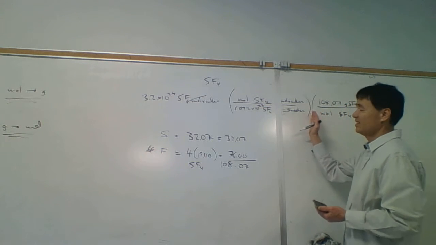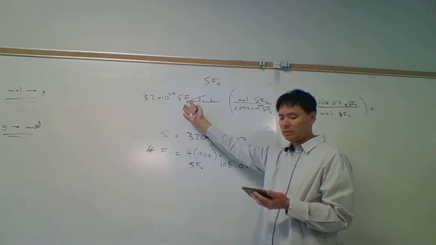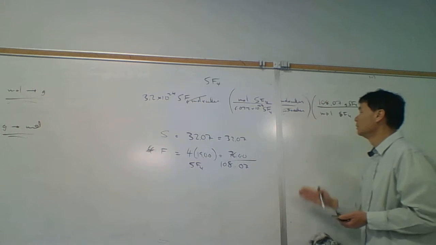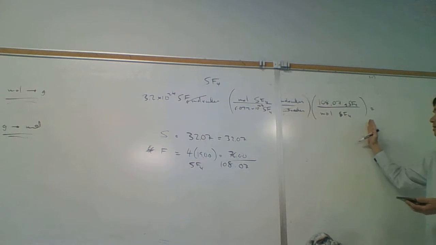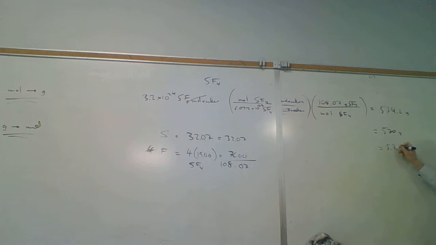Okay, that's a huge number of molecules, but that's only 5.31 moles. So we take 5.3138 moles of SF4, and then how much does that weigh? Well, 1 mole weighs this much, so this is going to weigh 5 times as much. Times 108.07, 574. Okay, we're allowed just 2 sig figs, so we'll carry 570 grams, or 5.7 times 10 squared grams of SF4.